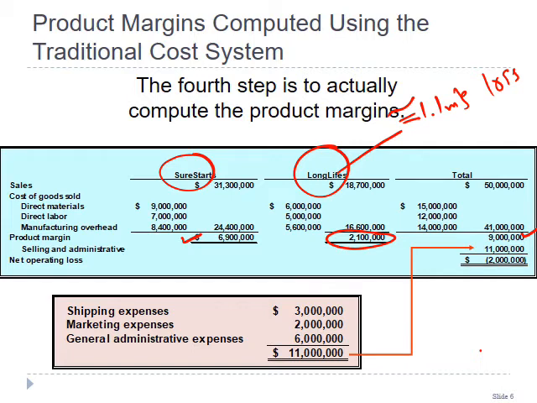So if you base your decision that we should produce more Long Life because it's giving us more profit, and you base your analysis on traditional costing, then your decision is erroneous, wrong, and not according to accountants or knowledgeable persons. That is the biggest problem with using traditional costing.